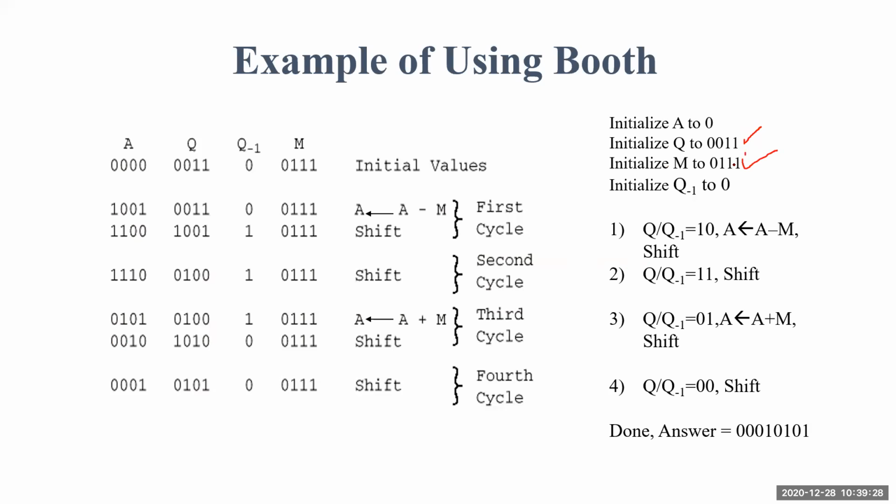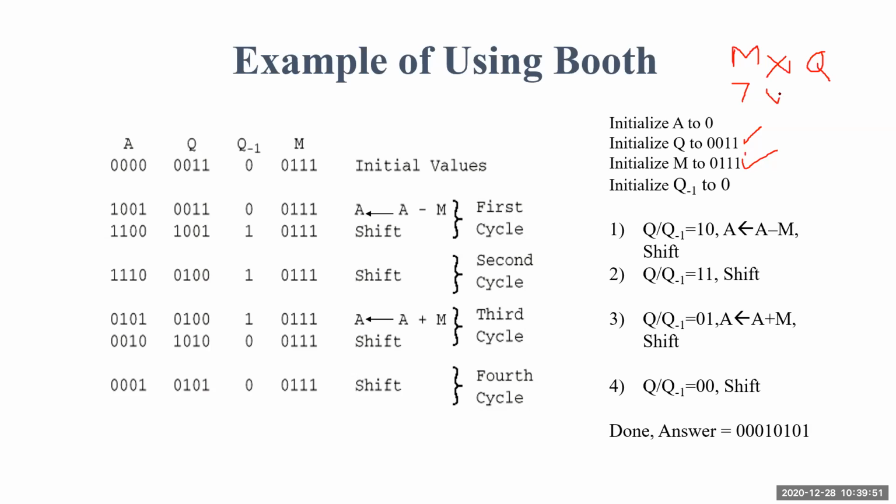These two numbers are to be multiplied, so it is M cross Q. First we find what the numbers are. If M is 0 1 1 1, it is nothing else but 7.